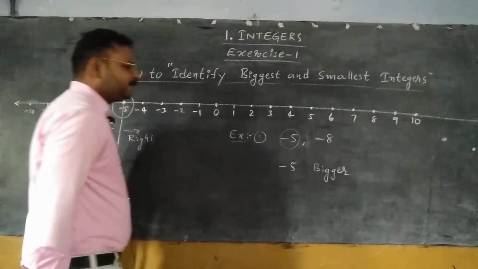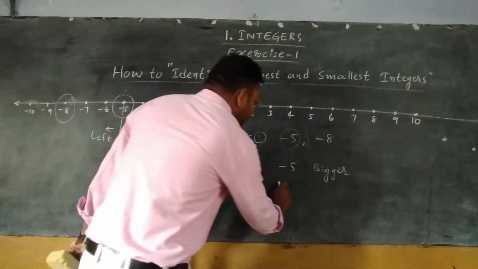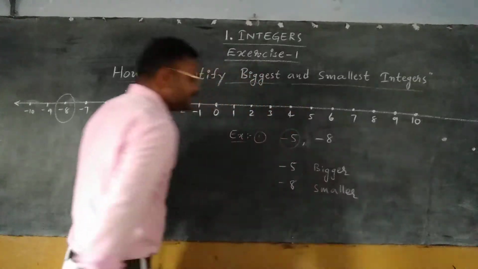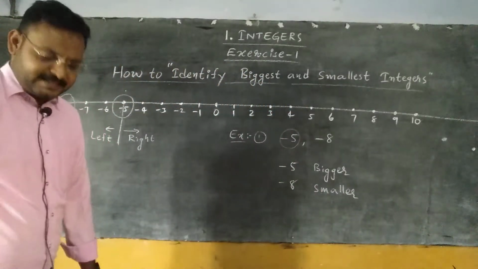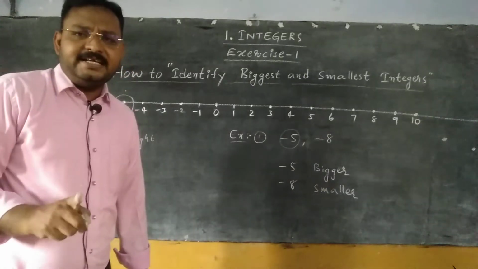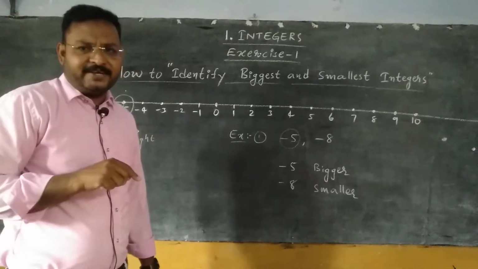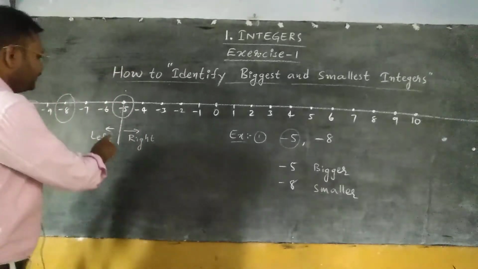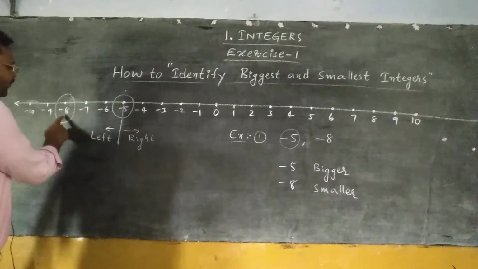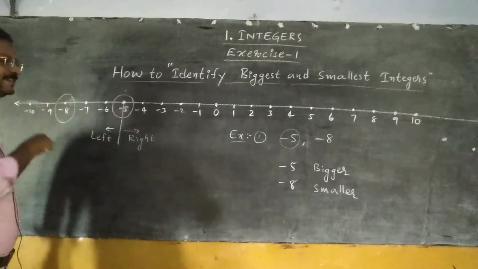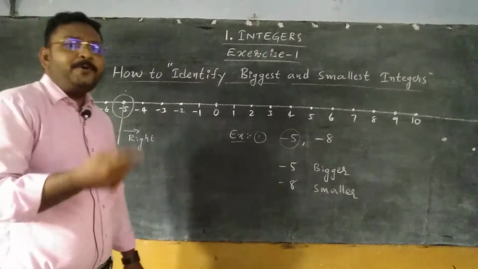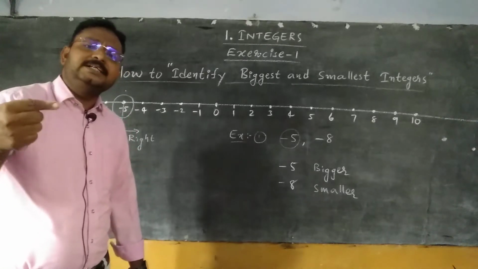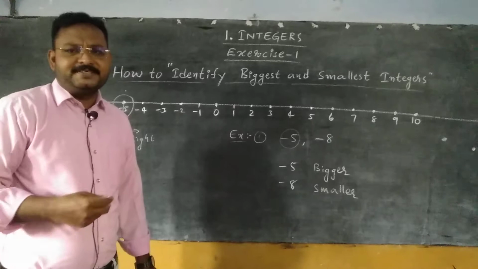Minus 5 is bigger and minus 8 is the smaller integer. Why? Because minus 8 is on the left side of minus 5, so minus 8 is the smaller number. If minus 8 is smaller, then minus 5 will be the bigger number. So that is the process to identify.